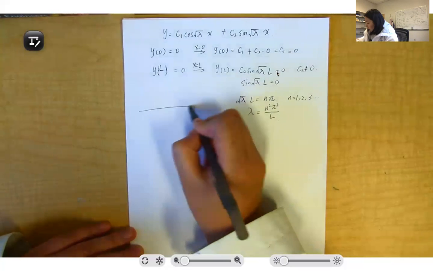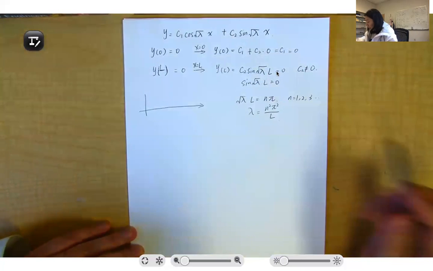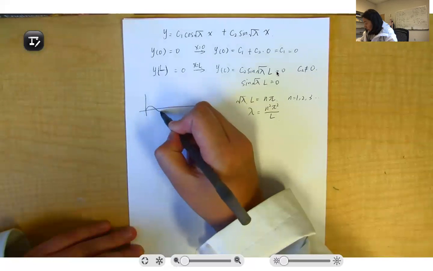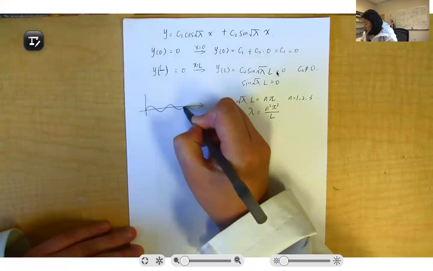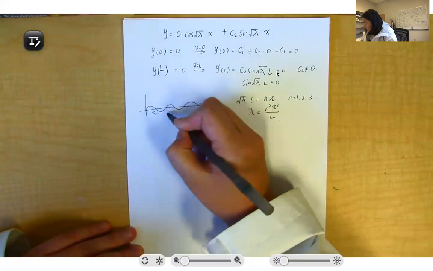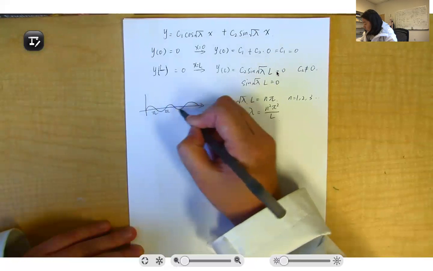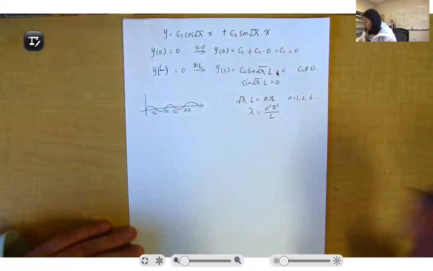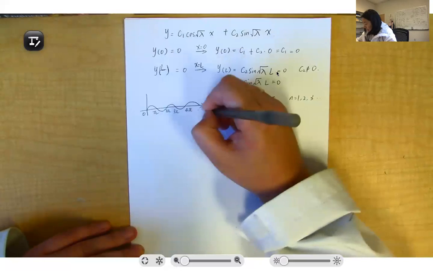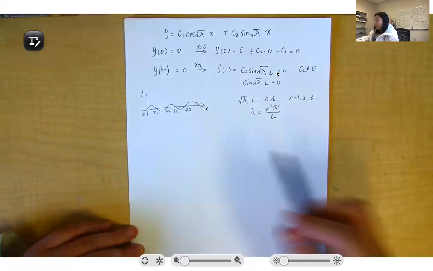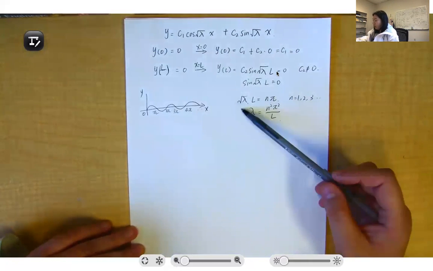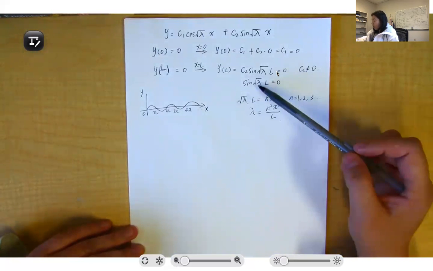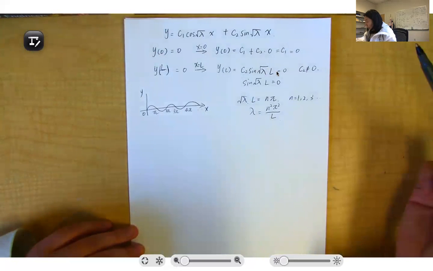So only when root lambda L equals n pi does this make sense, because you have basically all the zero points passing by pi, 2 pi, 3 pi, 4 pi, etc. Right? So this is 0, this is the x direction, this is the y direction. So only when this root lambda L equals n pi can this whole term equal 0, right?